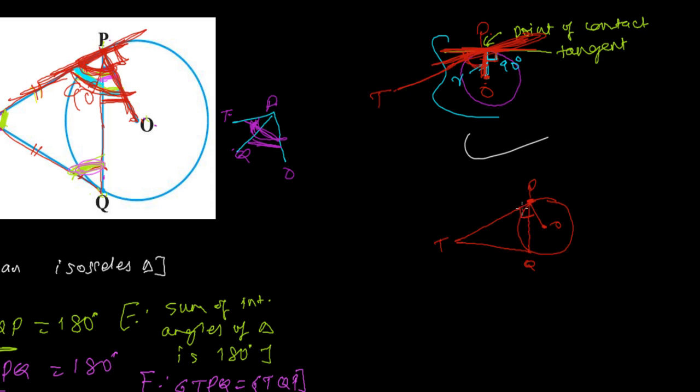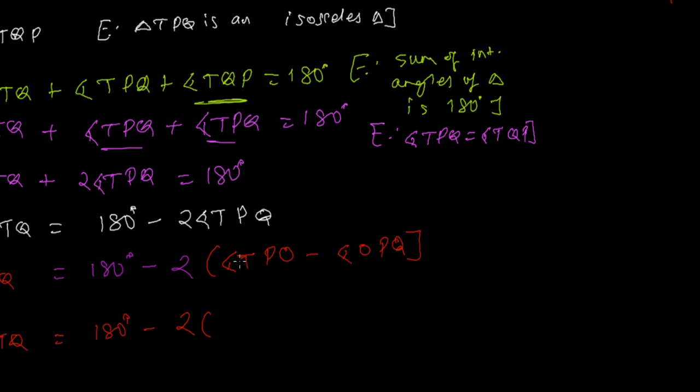So this whole thing must be 90 degree. This is a tangent, and the radius must be perpendicular here. So angle TPO is 90 degree, so that's what I'm going to replace here. So this TPO is 90 degree minus angle OPQ.